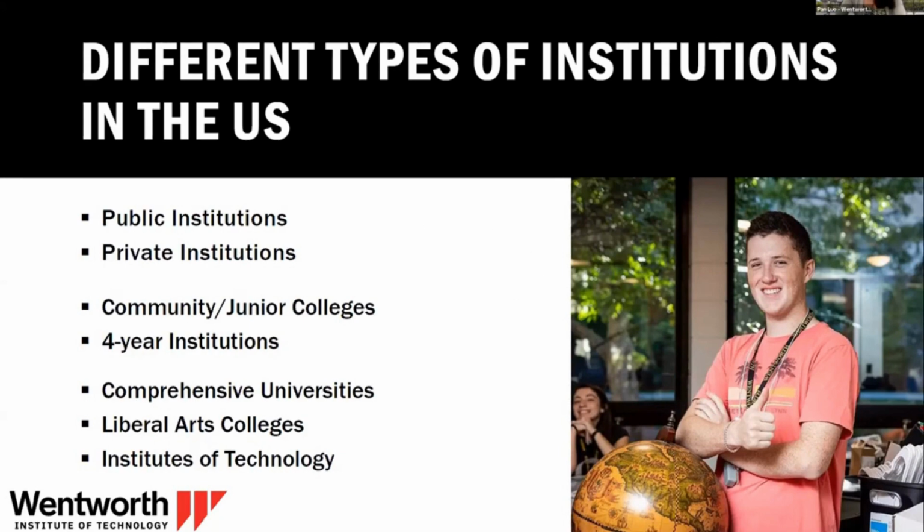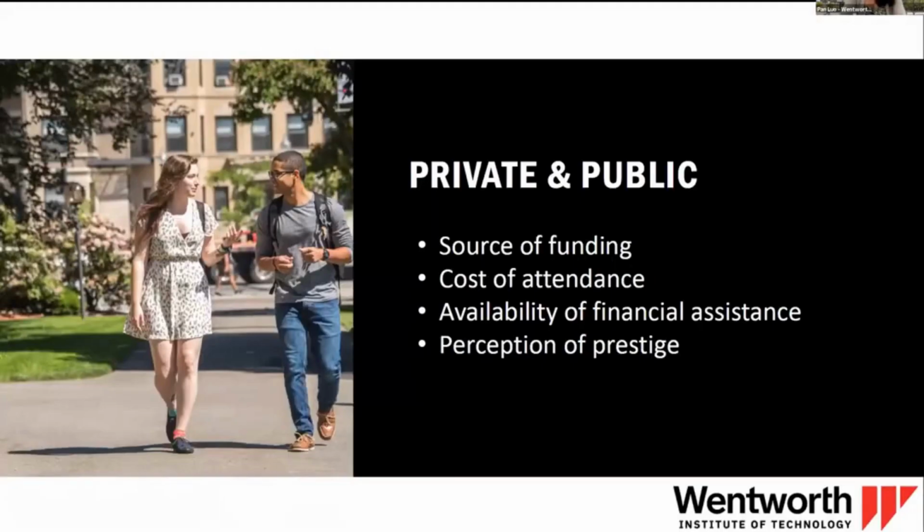First, let's talk about public and private institutions. There are a couple of main differences that I like to highlight. The first one is about the source of funding. Public schools are funded mainly by the state governments, while private colleges are supported primarily by their endowment funds or students' tuition fees. Private colleges may also receive contributions from individual donors.